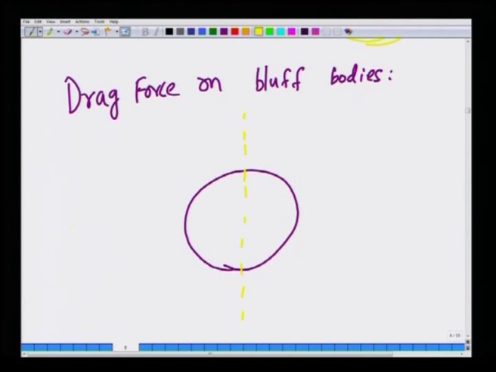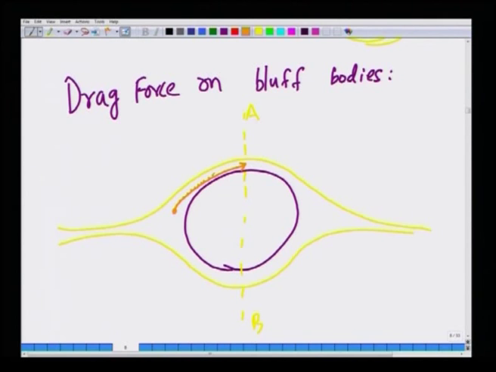Suppose you consider a flow past a cylinder, and this is the potential flow velocity profile, which is completely symmetric about the fore and aft of the cylinder. But what happens in reality is that when you consider a fluid particle which goes from here to here, it is facing favorable pressure gradients.